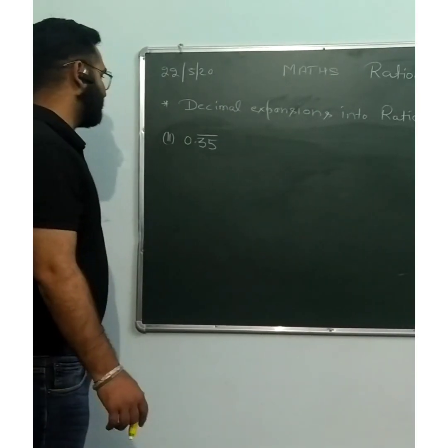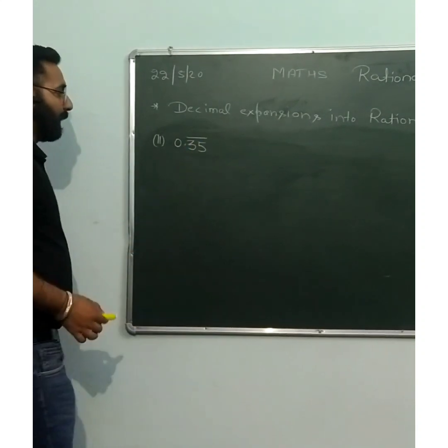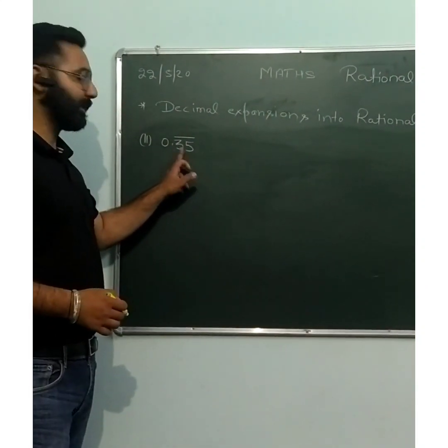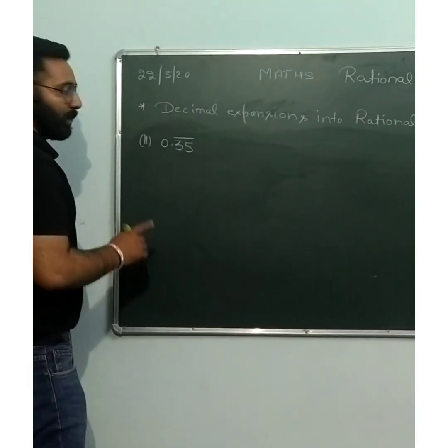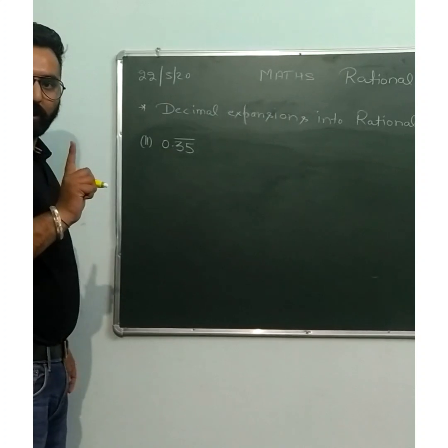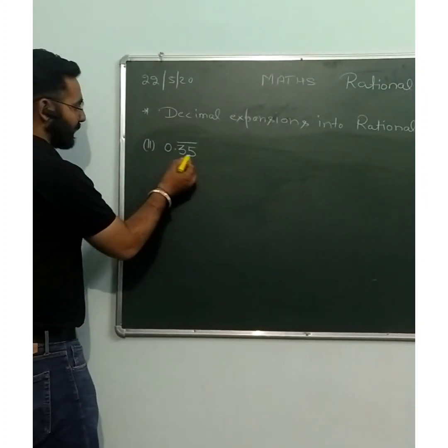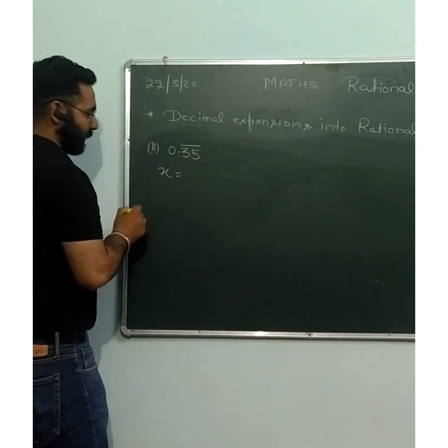So next example we will see: 0.35 bar. See here we have two digits after the decimal expansion. In the last example we had one digit only, so we multiplied by 10. Here we have two digits, so in the first step we will assume it equals x.